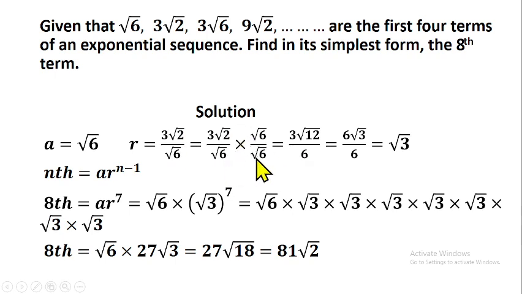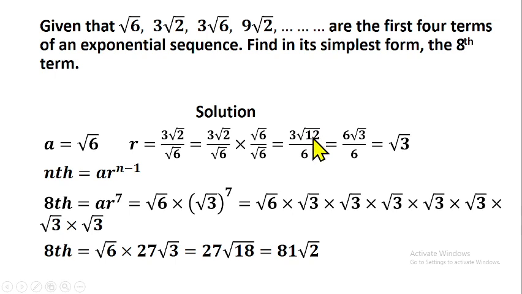Then root 6 times root 6 will give us 6. Then on top, 3 root 2 times root 6. Root 6 times root 2 will give us root 12. So that means you have 3 root 12 here. But we know that you can simplify root 12 further, because it is not yet in the simplest form. If you simplify root 12, what would that give you?